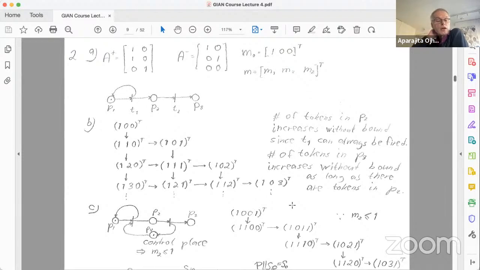And then the question: how can we restrict this behavior? Because maybe it was not the meaning that we should have this kind of system. So what we can do then is that we add a control place.